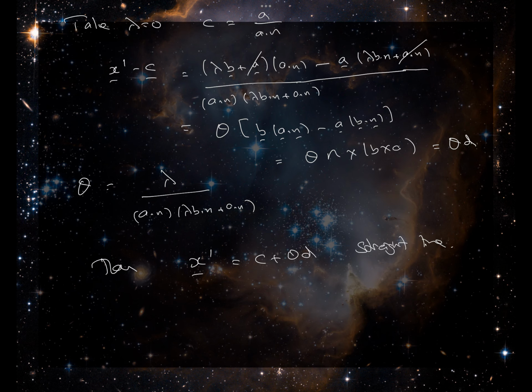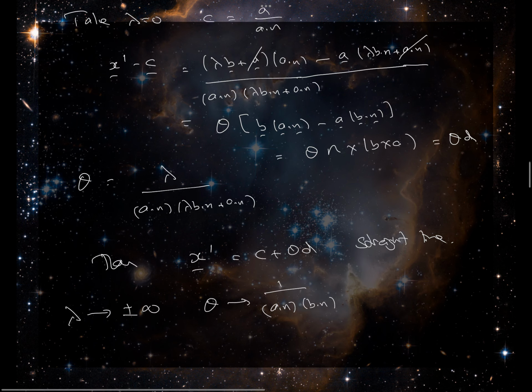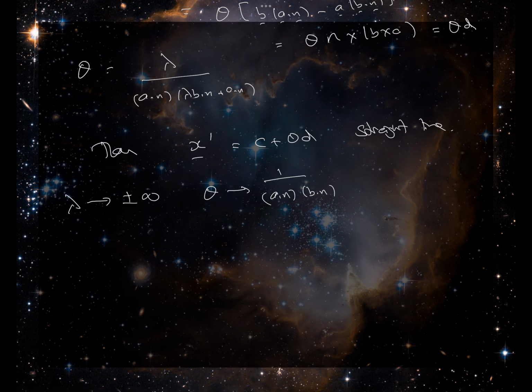Interestingly, in the limit that lambda goes to plus or minus infinity, you can see that theta will converge to 1 over a dot n b dot n. In which case x primed is equal to c, which was a over a dot n, plus 1 over a dot n b dot n times b times a dot n minus a b dot n.